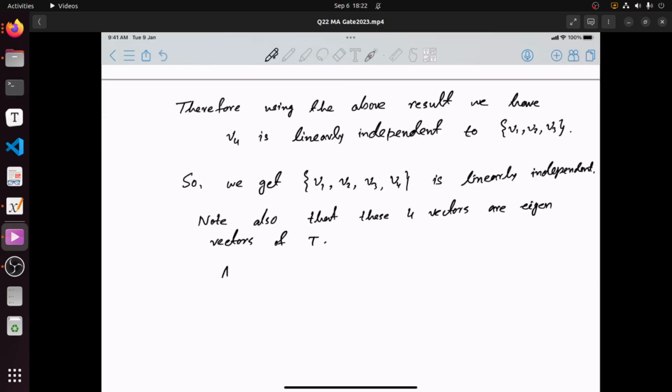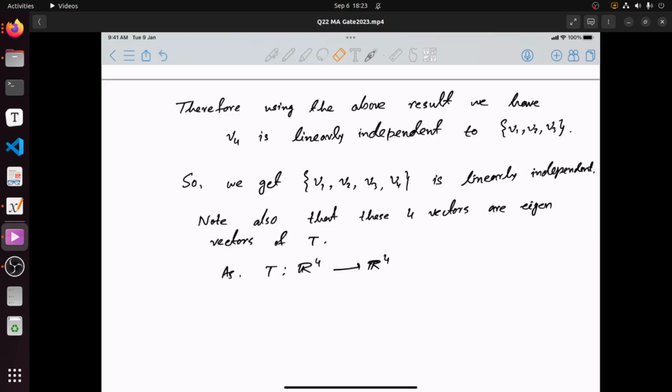And as T is a map from R4 to R4, and you have got these four eigenvectors, so they are the basis of R4, right?